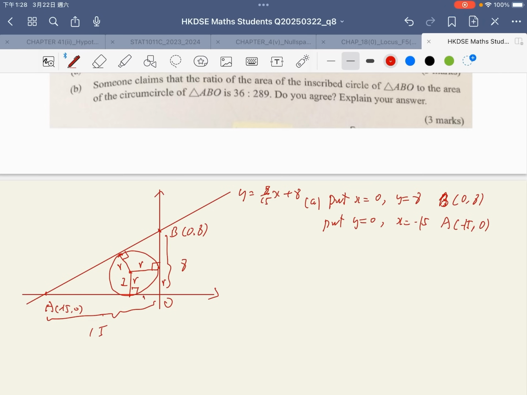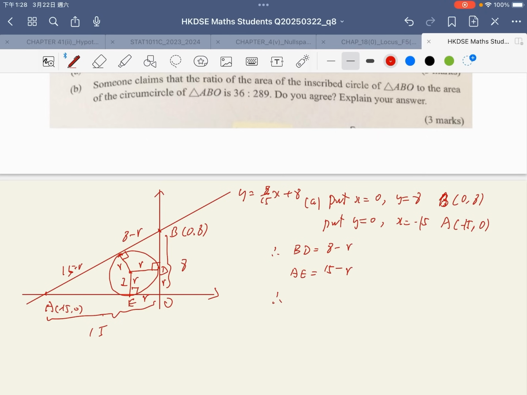You can see that this is R, this is R. Therefore, I let these points be D, E. In this case, BD equals 8 minus R, and AE equals 15 minus R. And by the tangent properties, this is also 8 minus R, and this is 15 minus R.